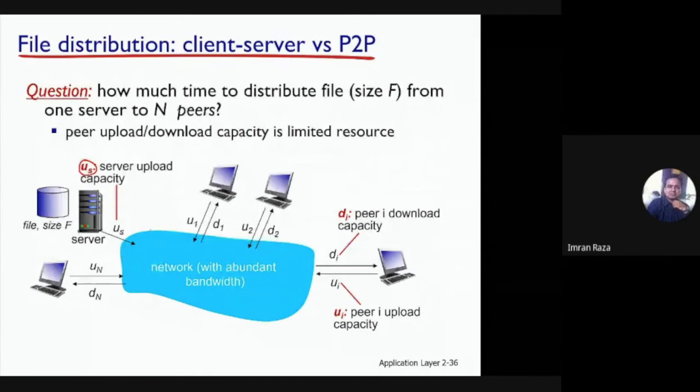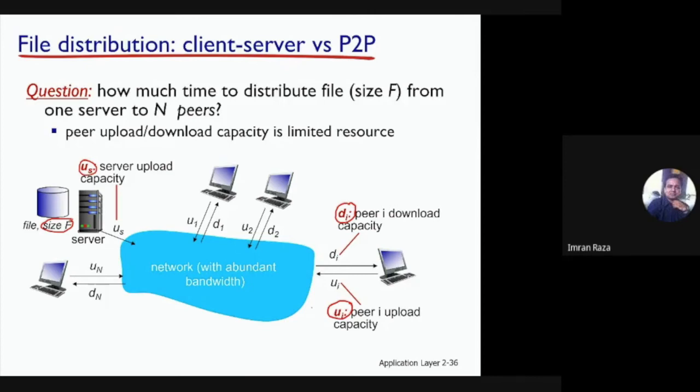Okay, and this server has a file having size F. Clear? And now, similarly, D sub i is the download capacity of a host, and similarly, U sub i is the upload capacity, or the sending capacity, of a host.